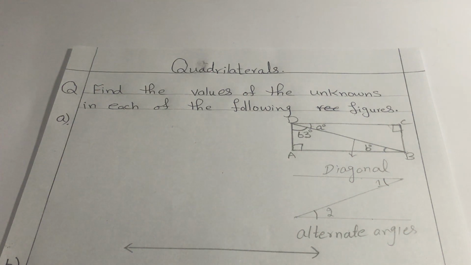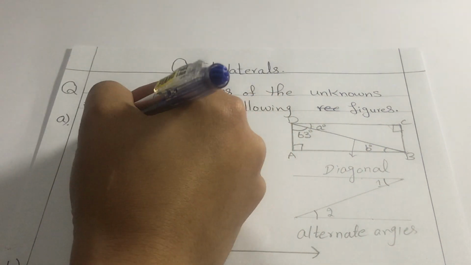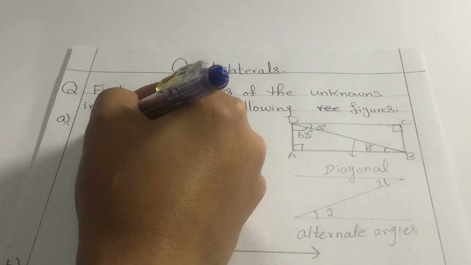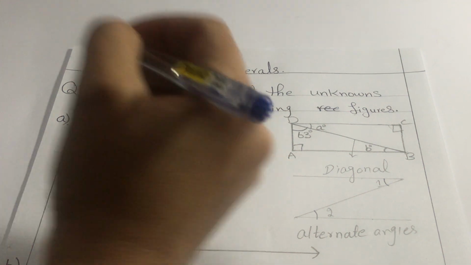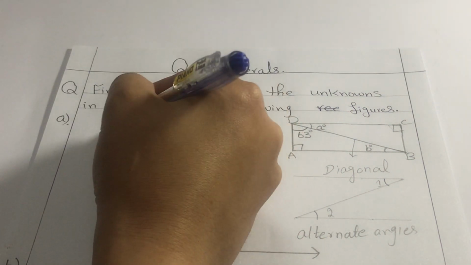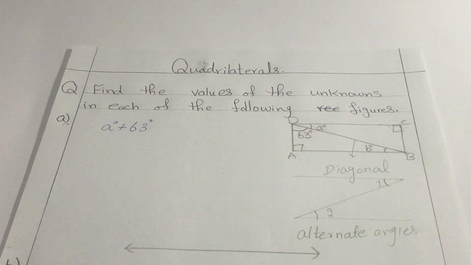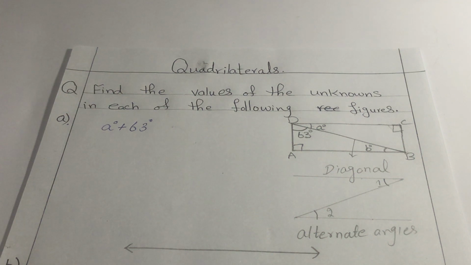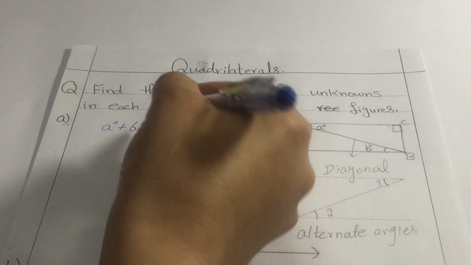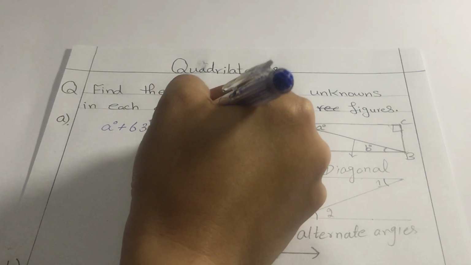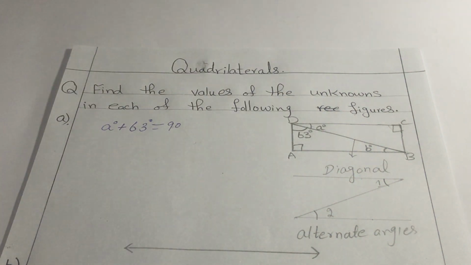So we can write it like this: A degrees plus 63 degrees, and the sum of these 2 parts is always equal to 90 degrees, right?